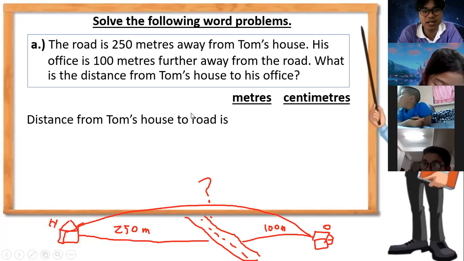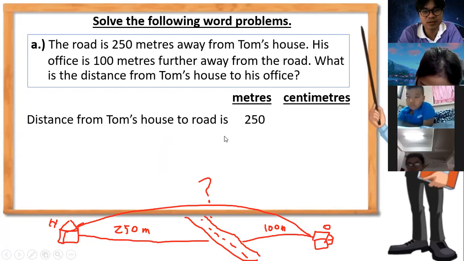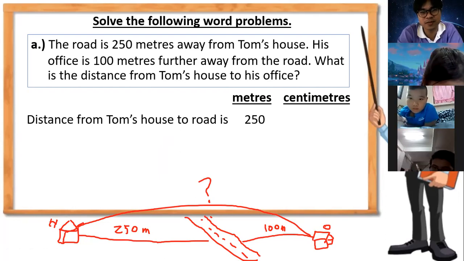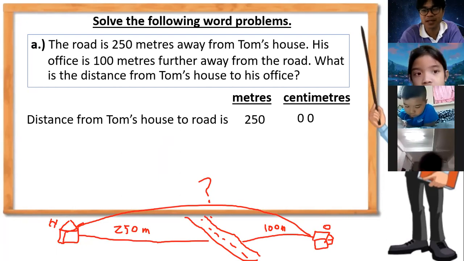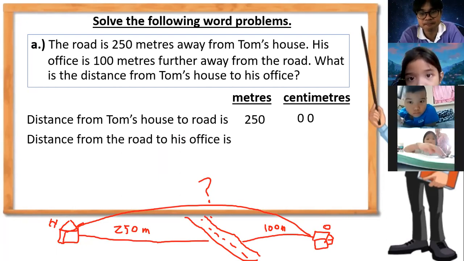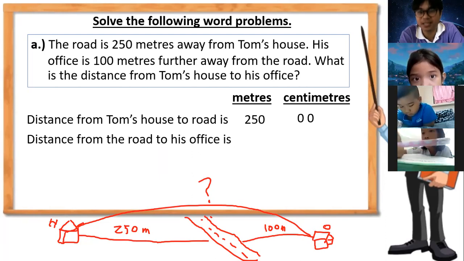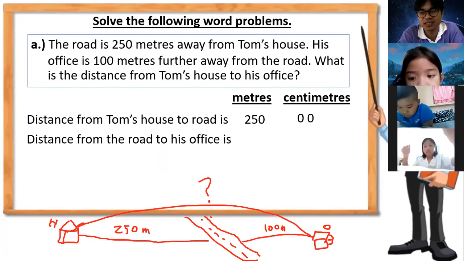The distance from Tom's house to the road is 250 meters. 250 meters, no centimeters. You can write 0, 0, because that is the pattern given. Can I write cm? Yes, you can write m, cm, no problem. It's okay, Nitsa.